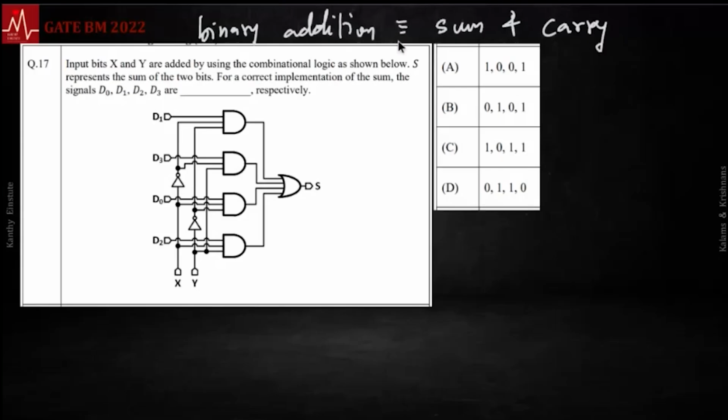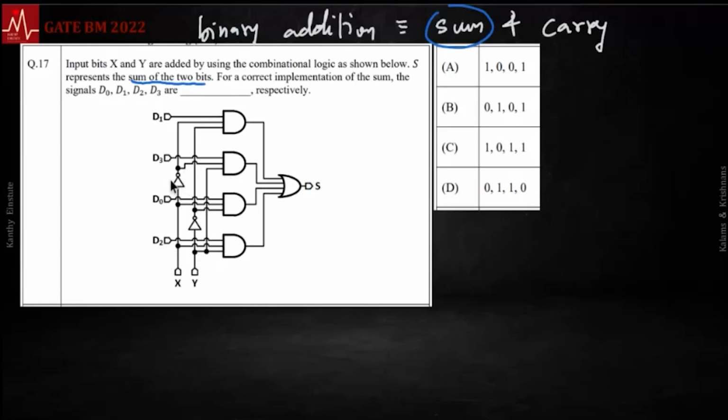So what is given here is the sum part, because you are trying to do summation of two bits. For a correct implementation of the sum, how do you do this? This is also fairly easy, but you should be able to track these lines.